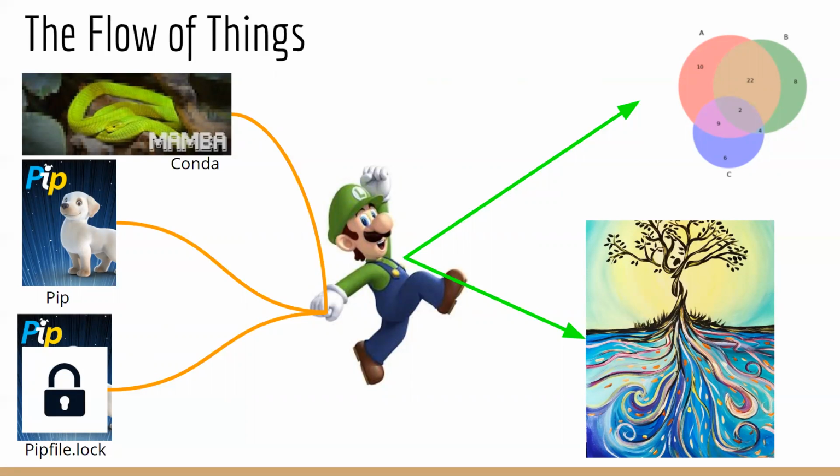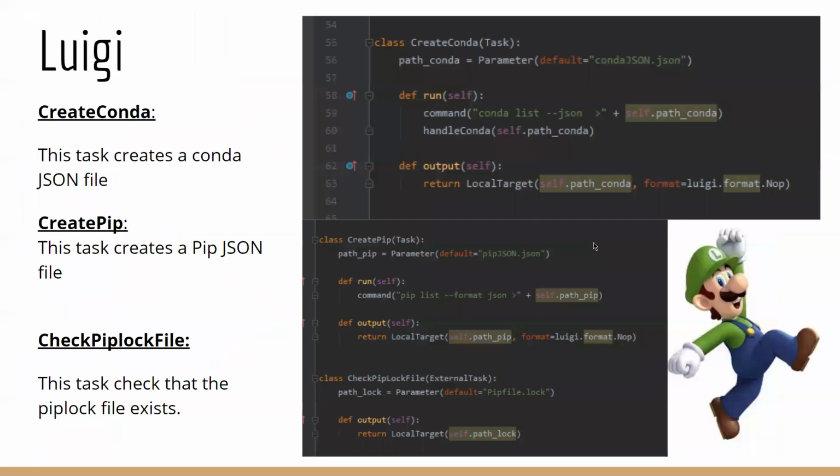We would have Luigi process that, and then create Venn diagrams of dependencies as to where they're installed, in what environment. And as an end product, we would create a dependency tree, the so-called tree of life.